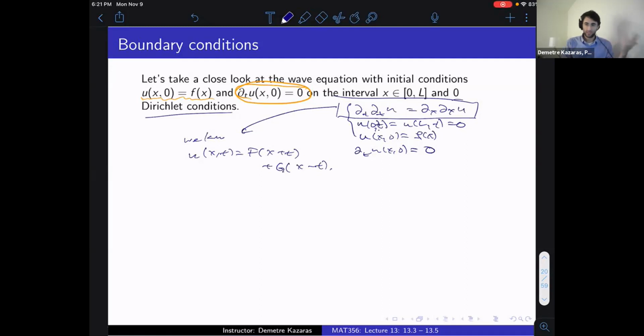Now, just to tell you what's going to happen next, I need to figure out f and g. These are just functions of one variable, but not any functions will do. Not any functions will solve the initial conditions. We need to figure out what these need to satisfy, what they need to look like. Figure out f and g which satisfy the initial conditions.